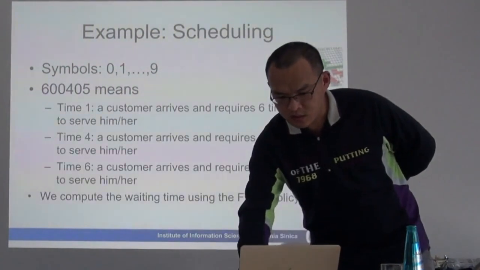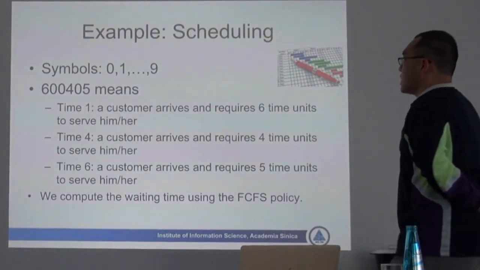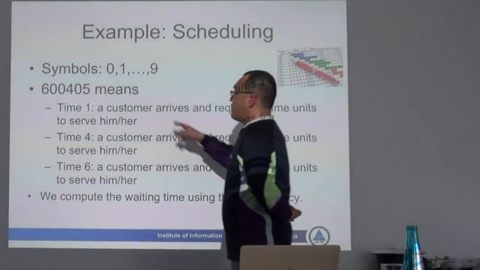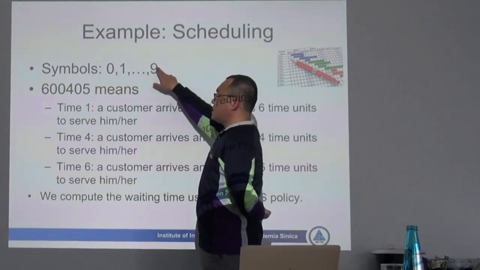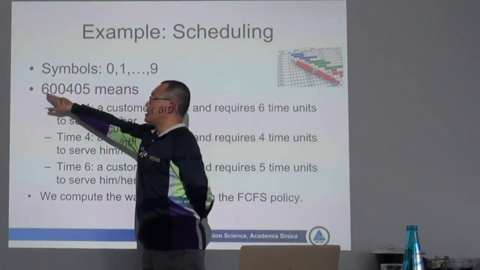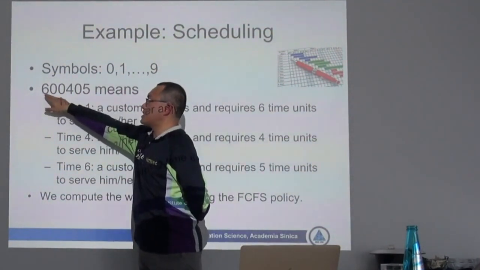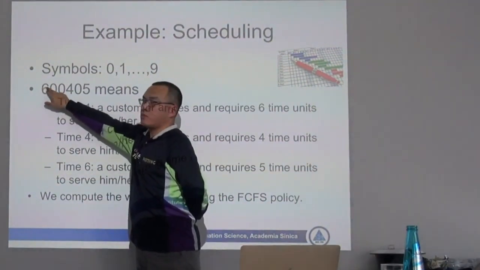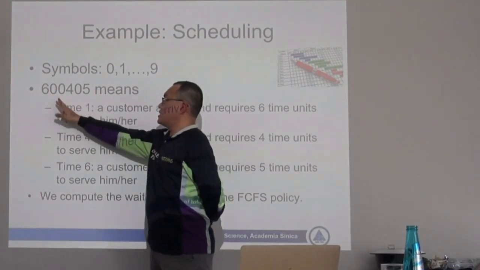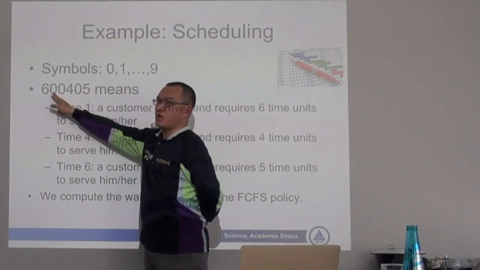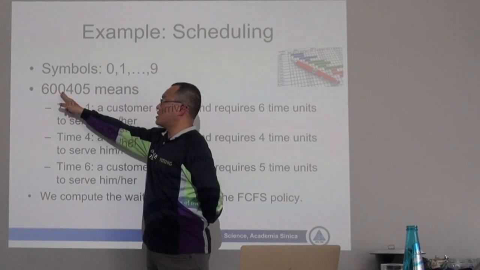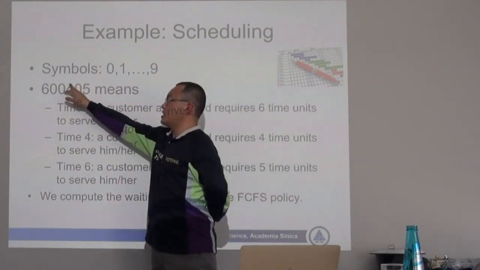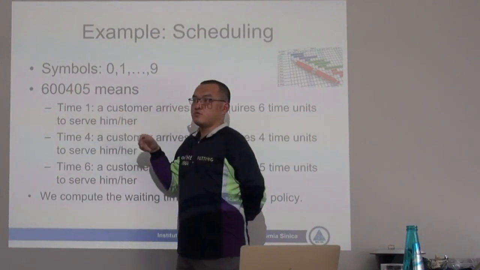Another example we have tried is a scheduling example. We have alphabet symbols from 0 to 9, and a string like this means that in the first time slot, a customer arrives and needs 6 time units to be served. In the second time slot, no customer arrives. In the third, no customer. In the fourth time slot, a new customer arrives, and he needs 4 time units to be served.